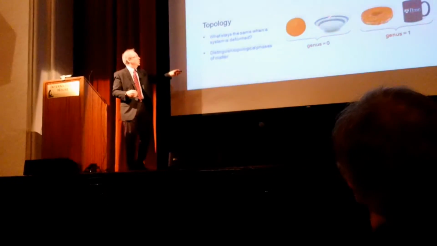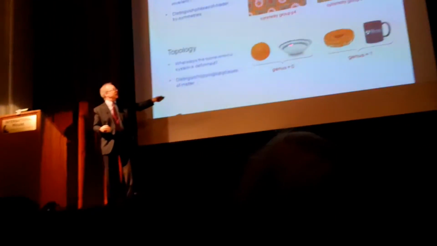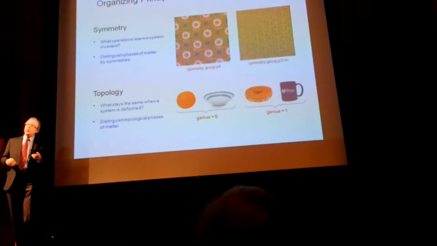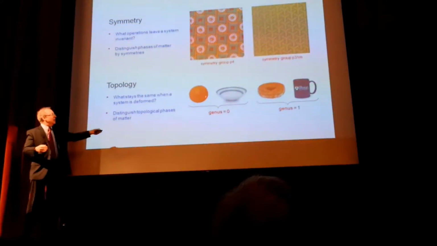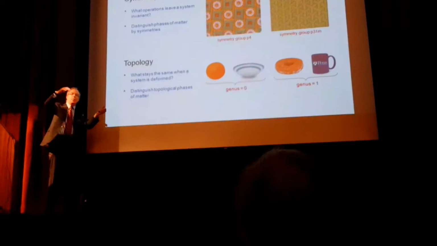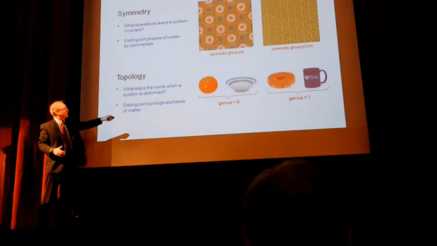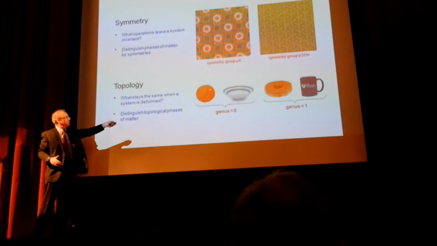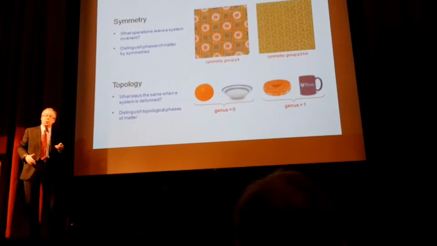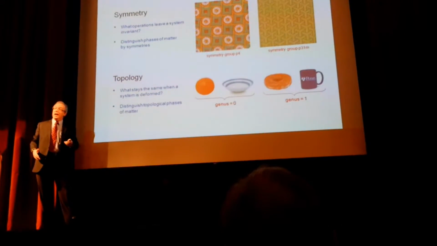If you look at these pictures, you have the surface of an orange and the surface of a bowl. If you think of these as being made out of clay, you can imagine smoothly deforming and squishing down the surface of the orange so that it looks like the surface of a bowl. And so there's a sense in which these two surfaces are the same.